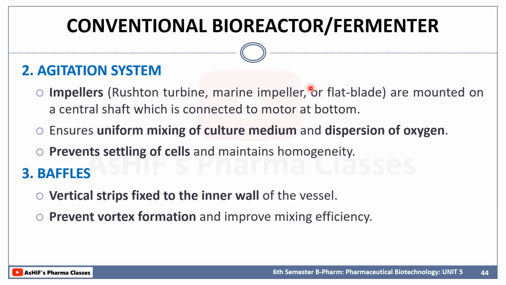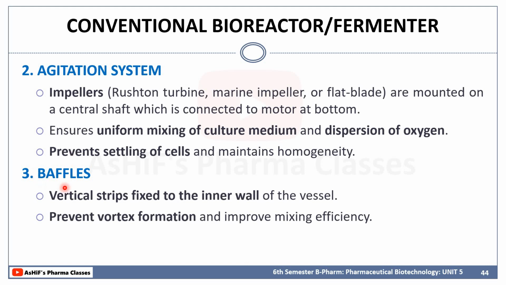So the agitation system ensures uniform mixing of the culture media and dispersion of the oxygen, and it also prevents the settling of the cells, and maintains the homogeneity of the entire product inside the fermenter.